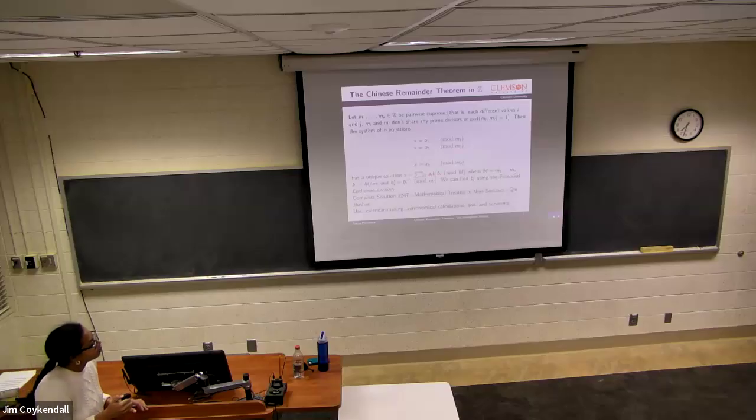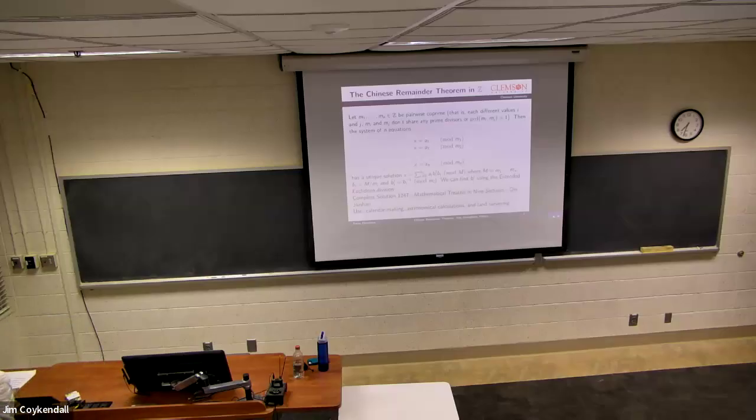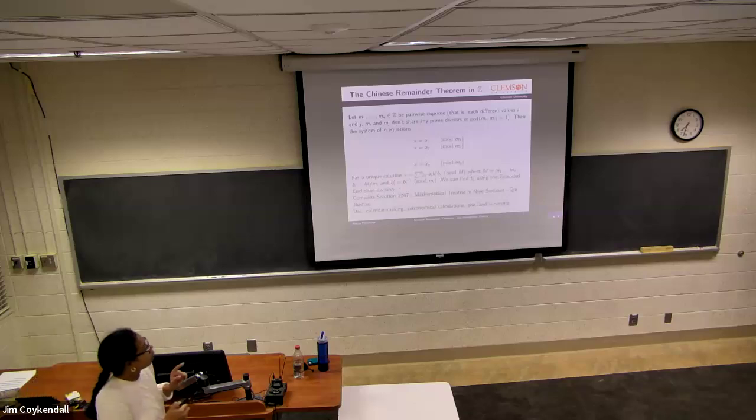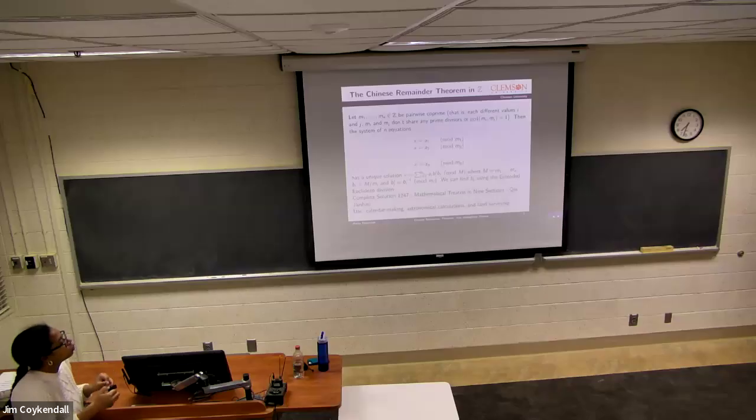First, for each modulus, you compute the product of everything but that modulus, and then you take the inverse of that product, and then you can have this very nice sum right here.